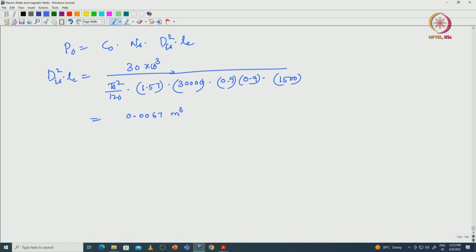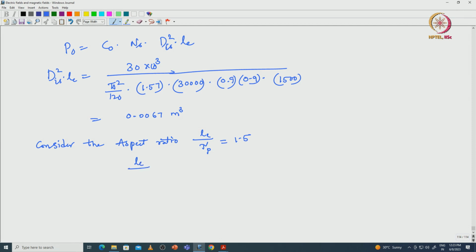Okay. Now, consider the aspect ratio, L by tau p equals 1.5.